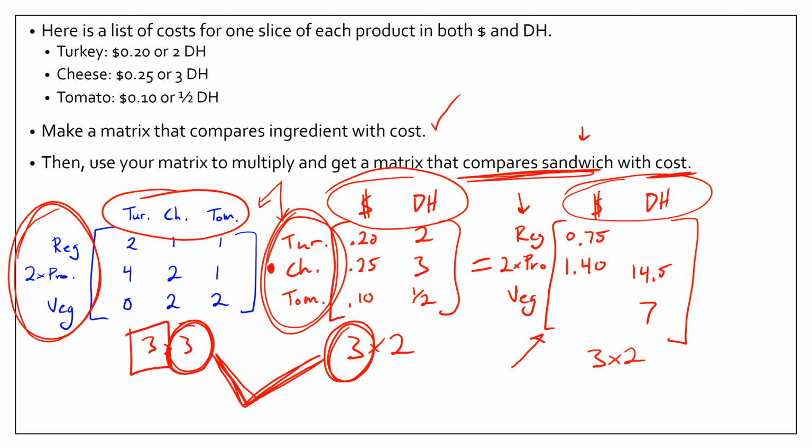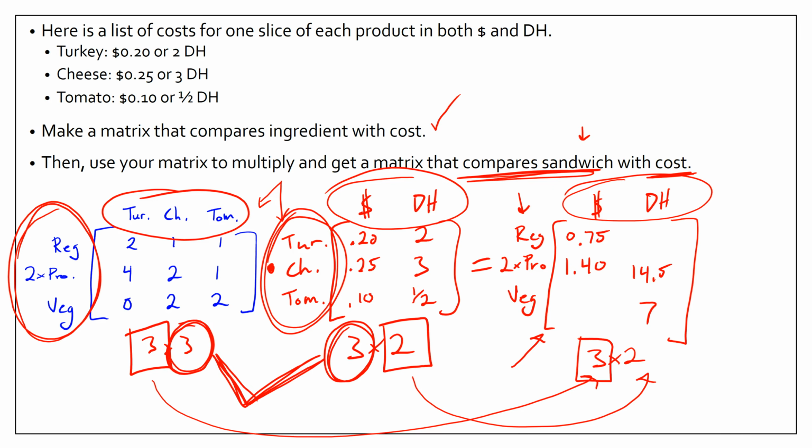Rows from the first matrix, columns from the second matrix, and oh look, the dimensions for my new matrix are rows from the first matrix, columns from the second matrix. Very interesting. So the middle two have to match up in order to matrix multiply, and the result is going to be kind of the outside, rows from the first matrix, columns from the second matrix. Whew. I hope that made sense.